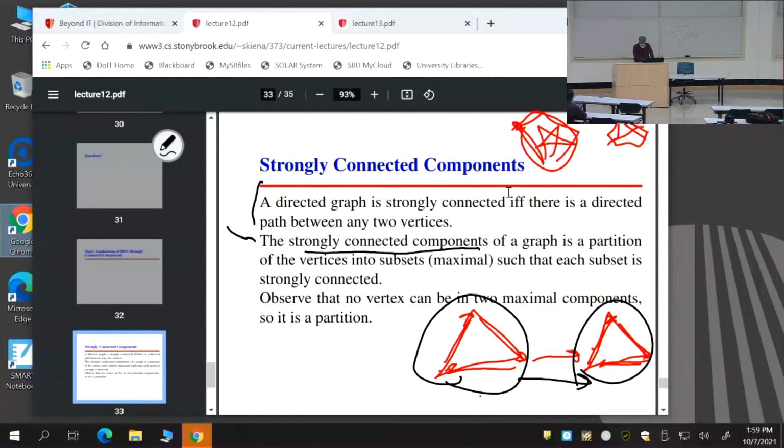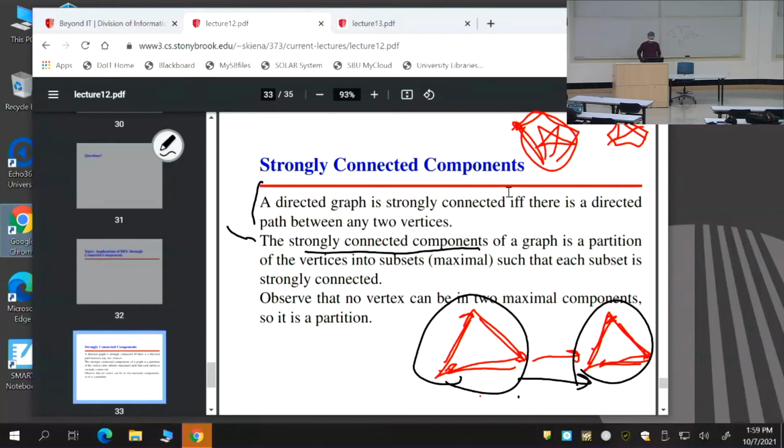But there might exist one-way directed paths between chunks, like we have here. So the strongly connected components problem is: given a graph, break it into strongly connected pieces. Any questions about that?